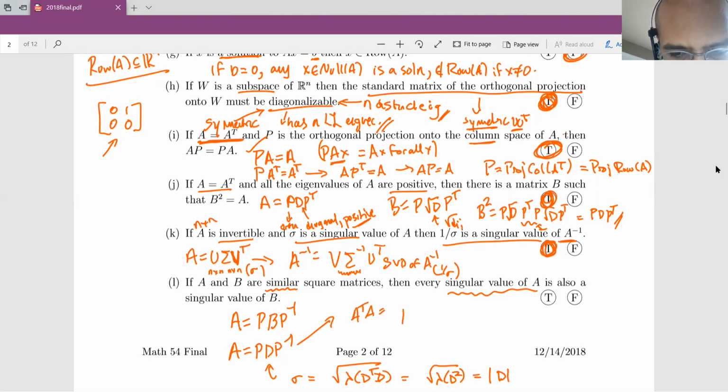Well, it's P inverse transpose D, P transpose P, D, P inverse, right? That's just what it is.